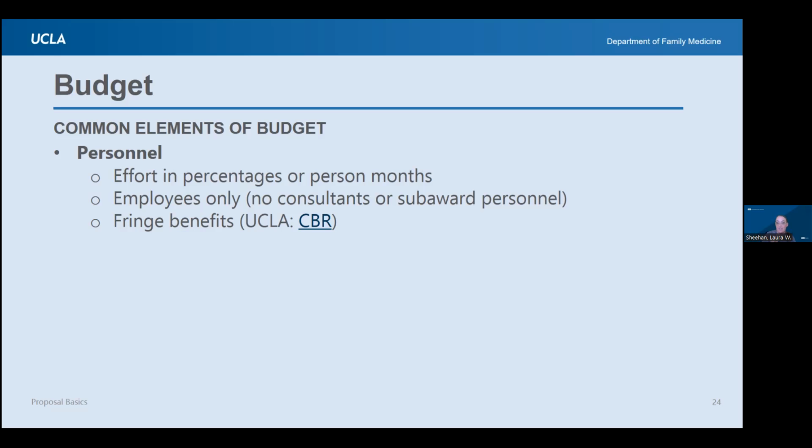But otherwise, you just multiply it by 12. Most institutes will cover benefits for employees, so you need to make sure you're budgeting for that unless your institute does not provide benefits, which is rare. If you were here at UCLA, I have a link to our composite benefit rates, so you know which benefit rate to use for which personnel.